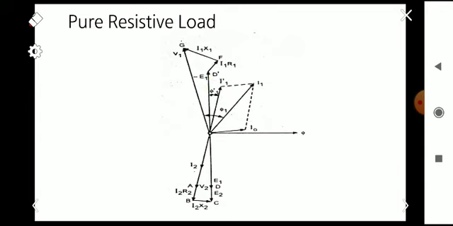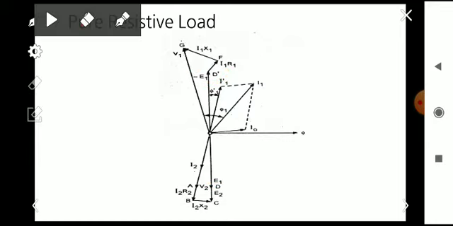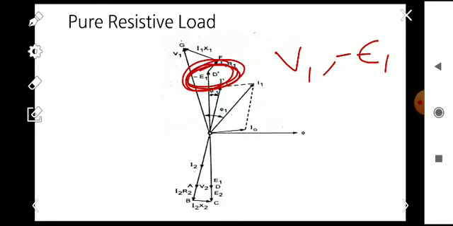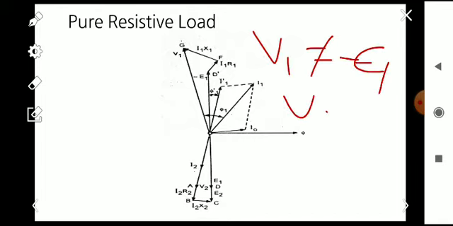But in the case of an ideal transformer, we can simply write V1, minus E1 here. But here it's a case of an actual transformer, so V1 is not equal to minus E1, and V2 is not equal to E2, that we know.